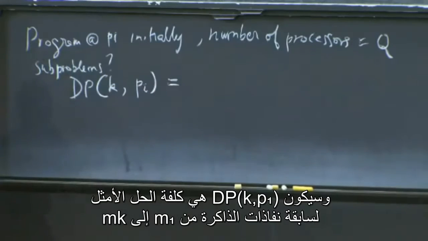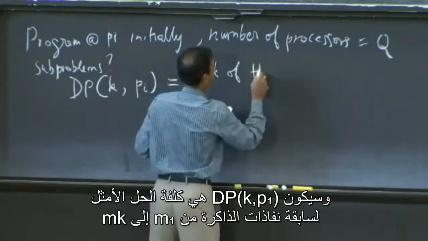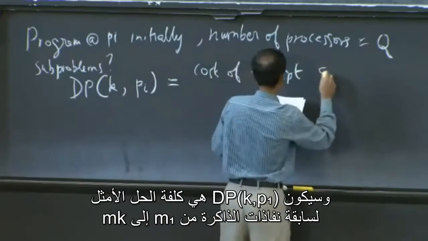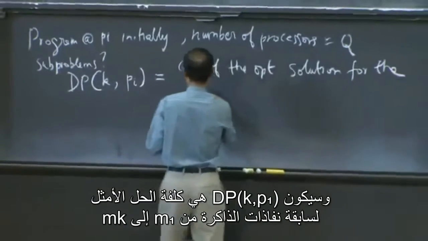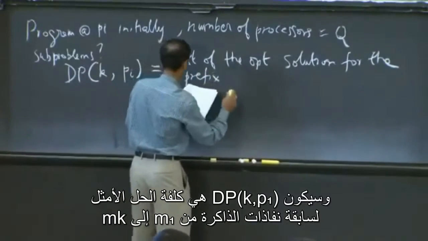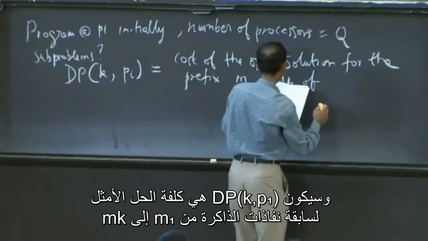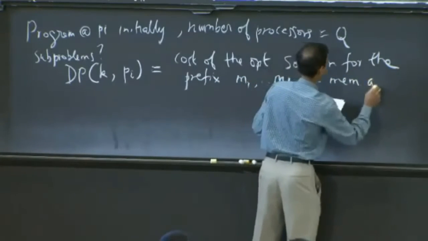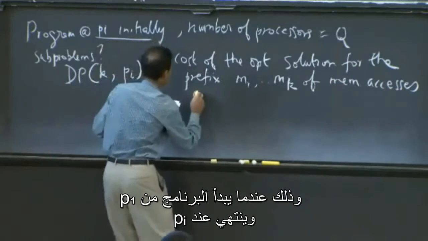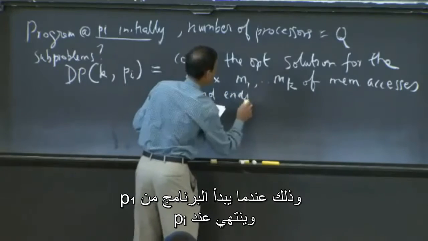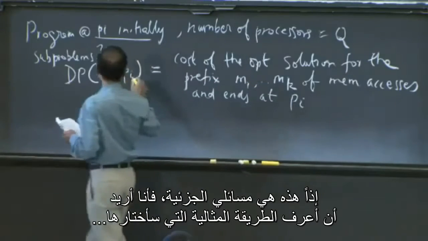And so dp[k][i] is the cost of the optimal solution for the prefix M1 through MK of memory accesses when the program starts at P1 and ends at PI. So that's my subproblem.